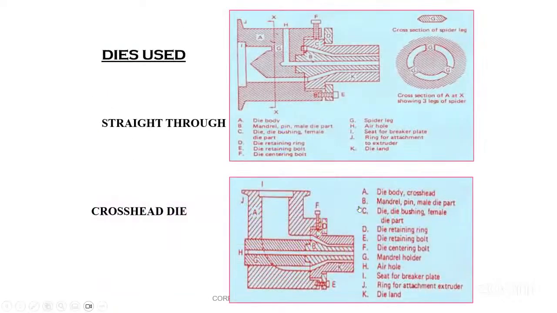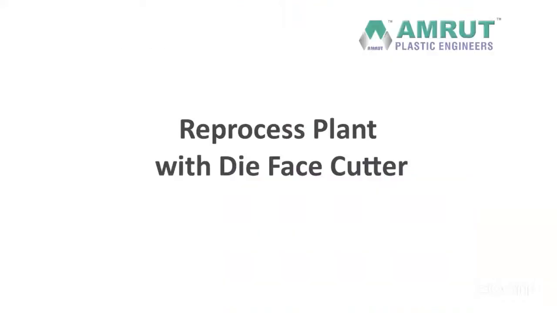Now, we have also seen the dies used to manufacture the pipe, straight through die and cross-head die. Now, the reprocess plant with die face cutter. We already have seen that, but again we'll get additional knowledge of the die face cutter, because nowadays time is very less and the space for the machines is very less.